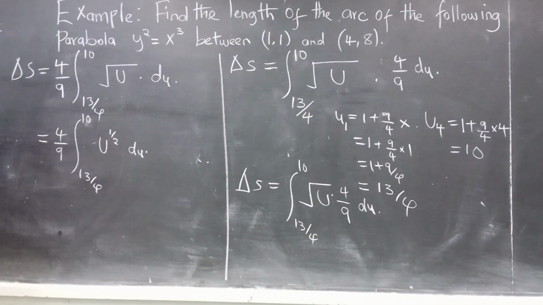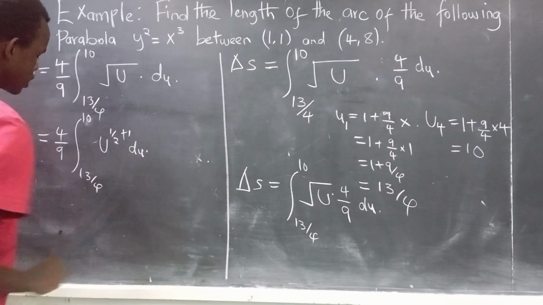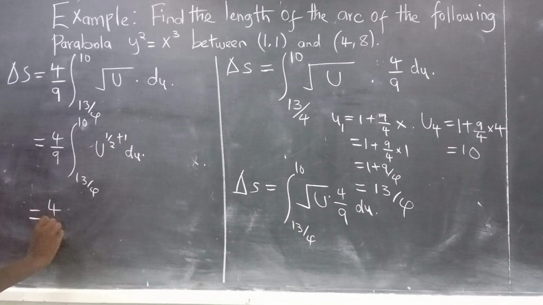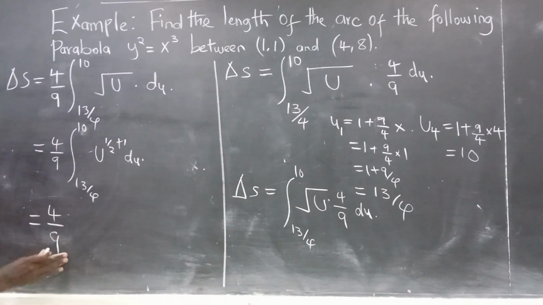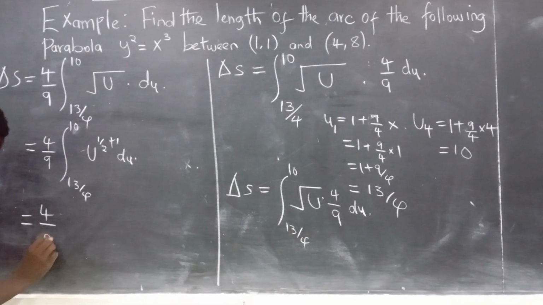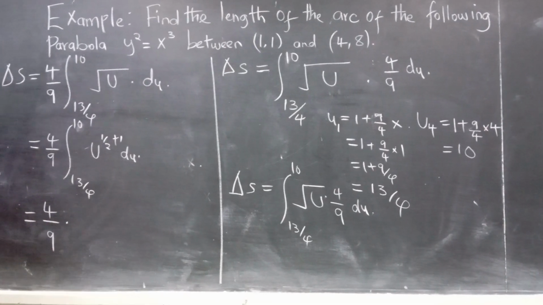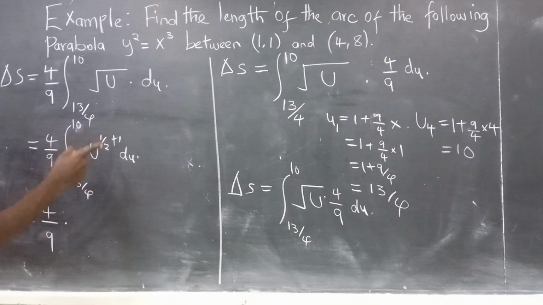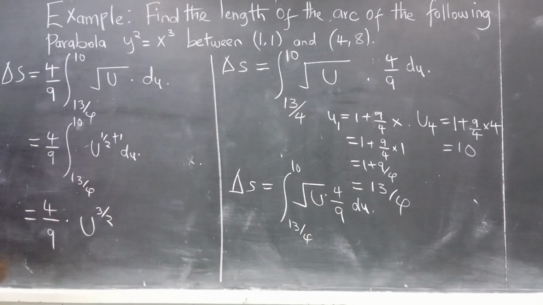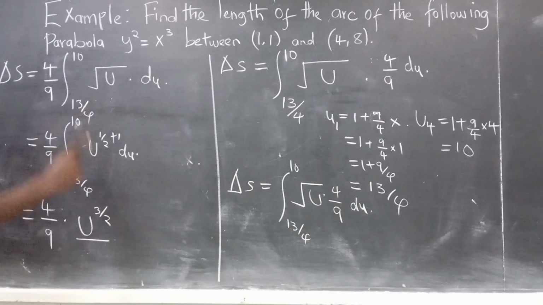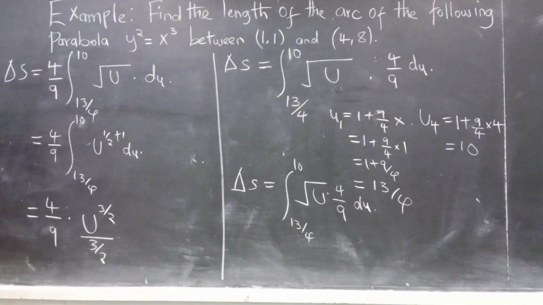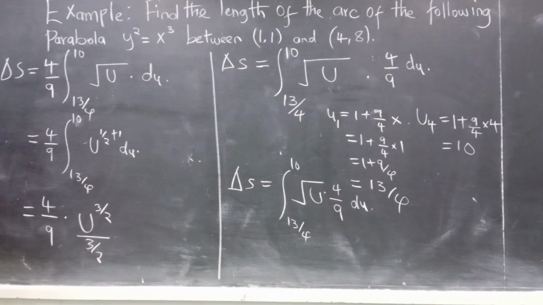Performing normal integration, we add 1 to the power and divide by the result, so I'll get 4/9 multiplied by u to the 3/2 divided by 3/2. So that's my supposed answer.